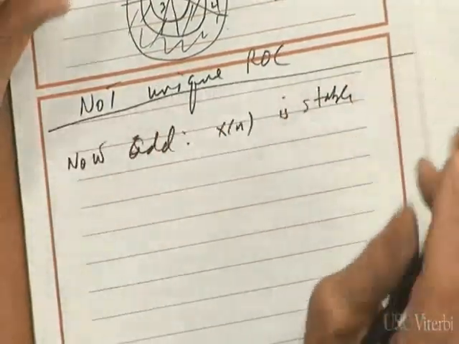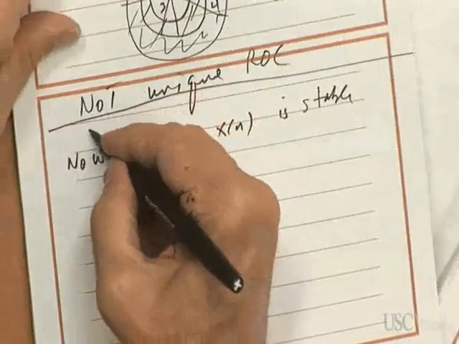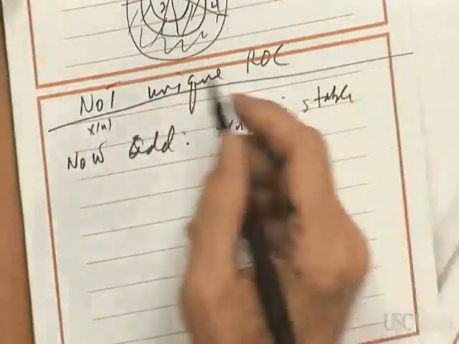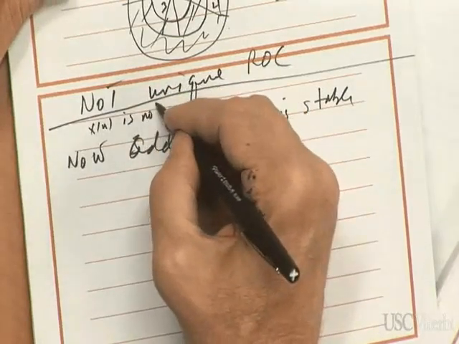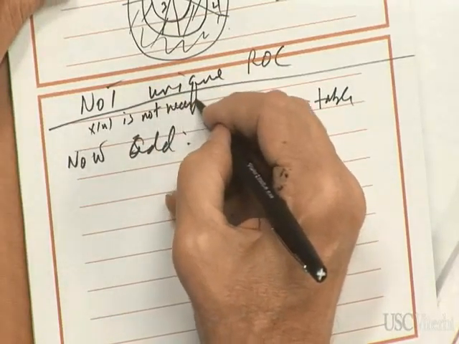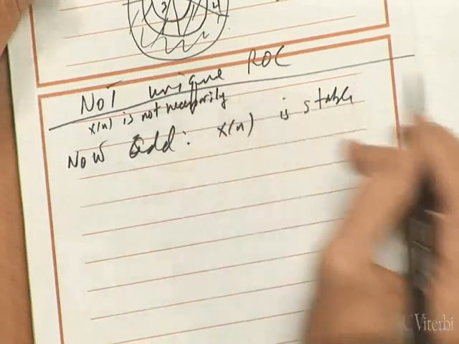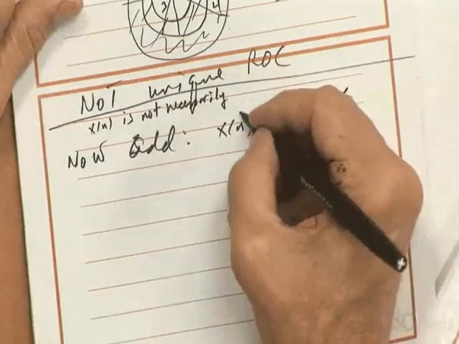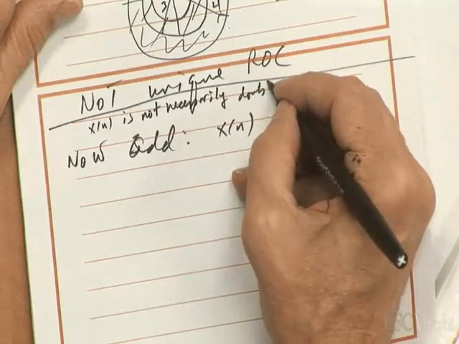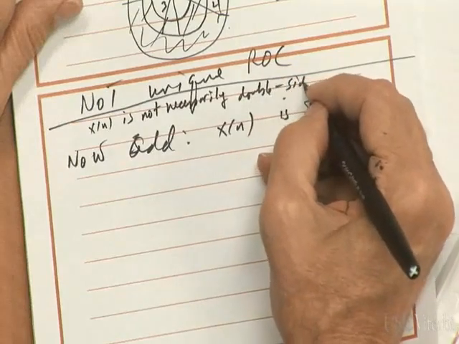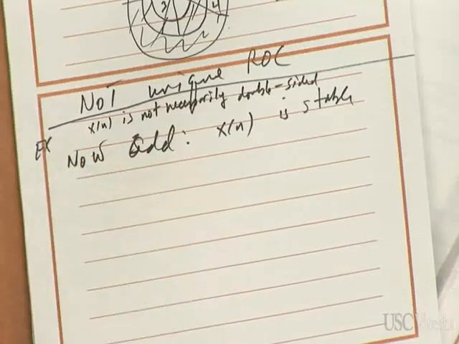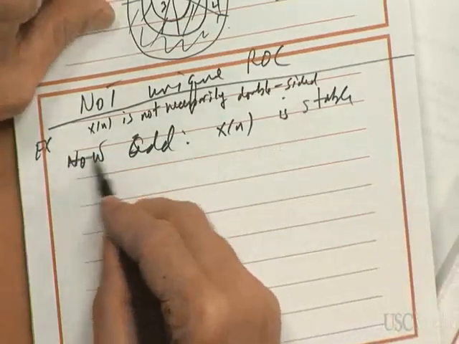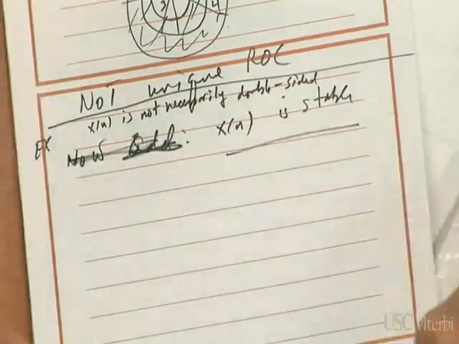Now I'm sorry. I'm going to remove that first condition. It's not necessarily double-sided. So I'm going to remove that side information. My side information here, for this example, is simply that x of n is stable.